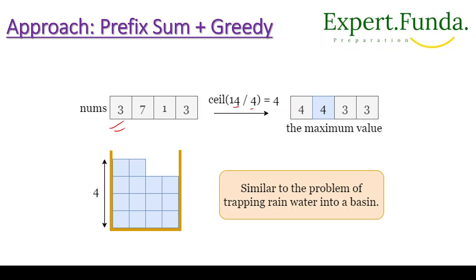The answer would be the average value, rounded up. This is similar to the trapping rainwater in basin problem that calculates the height of the water. If you have not gone through that question, the similar question is trapping rainwater.